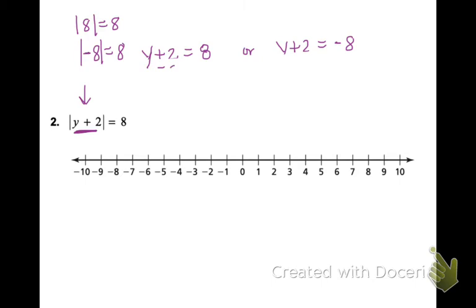We will subtract 2 from both sides, so we'll have y is equal to 6, or y is equal to negative 10. And that's not a 10. Okay. y is equal to negative 10. There we go. So we could graph negative 10, and we could graph 6.